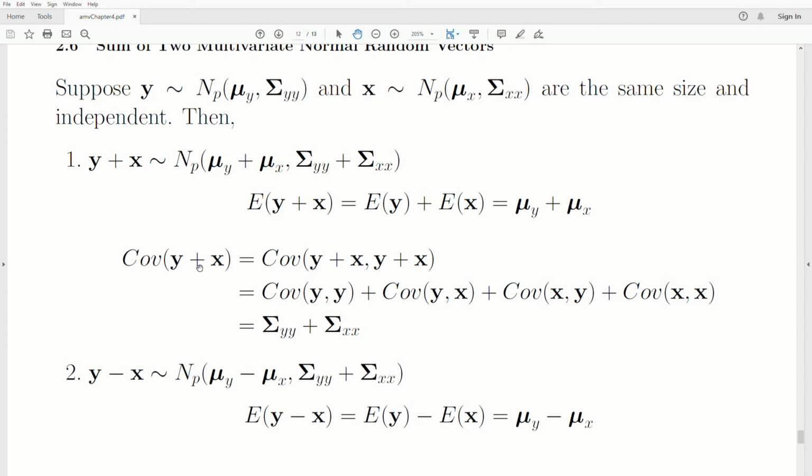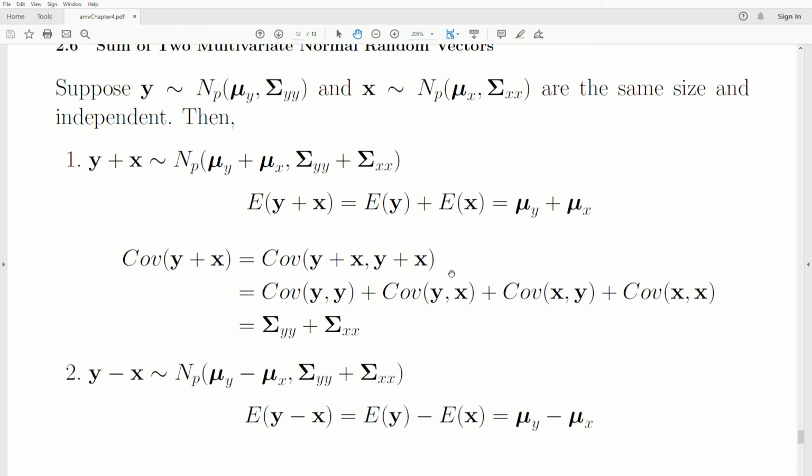To look at the covariance of y plus x, remember, co means 2, and this will help you out in the long run. You put 2 copies there. We want the covariance of y plus x and y plus x. So now you distribute this. So you look at the covariance of y and y, the covariance of y and x, the covariance of x and y, the covariance of x and x.